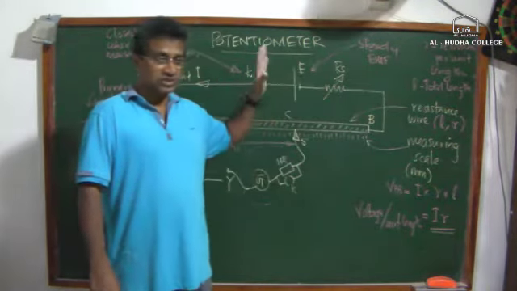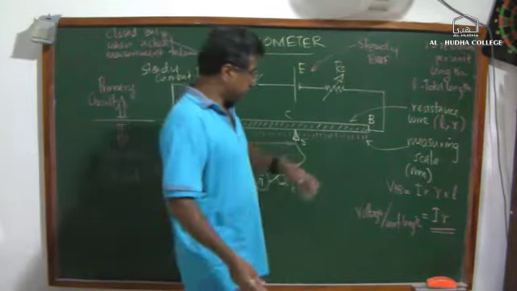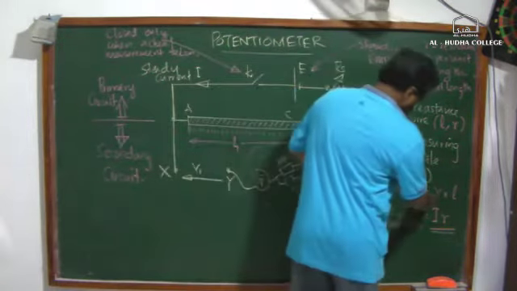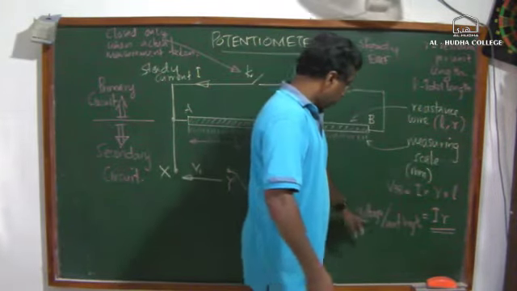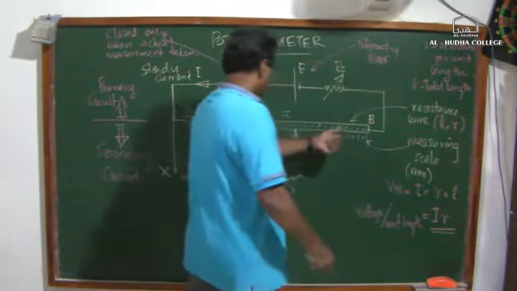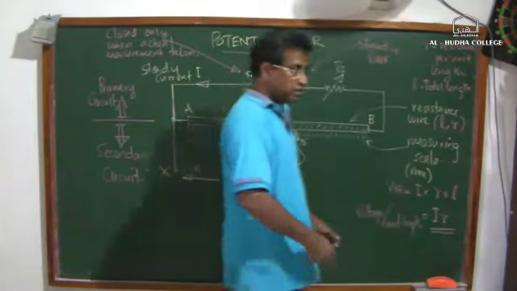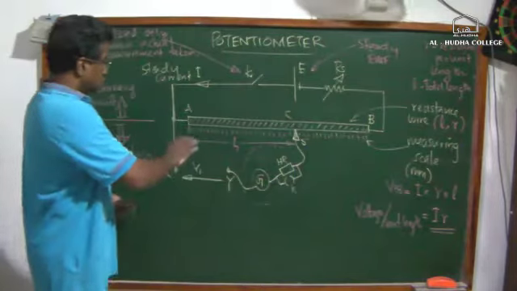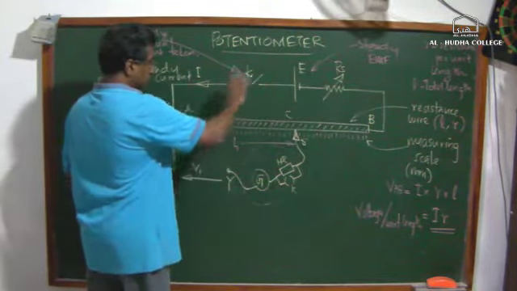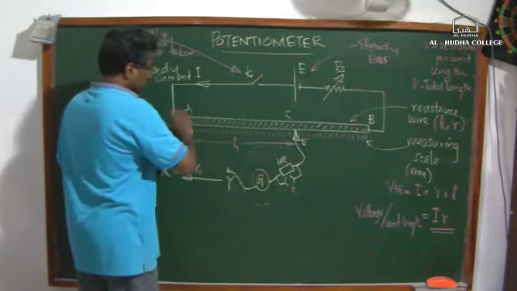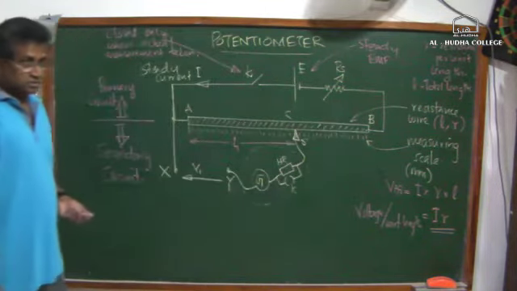So once you change everything and fix it, I is not going to change. So I is constant. Then I into R into L is VAB, right? So voltage per unit length in the resistance wire is I into R. Now the circuit is in the steady condition, the current is flowing, and a voltage per unit length is established.